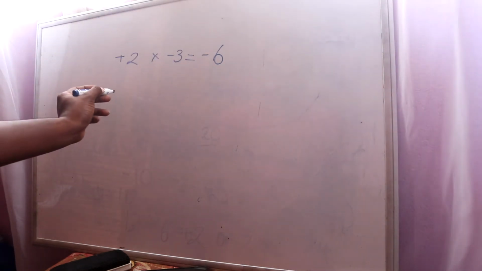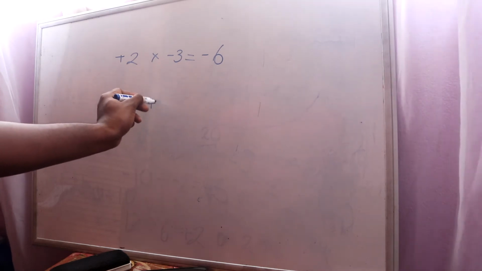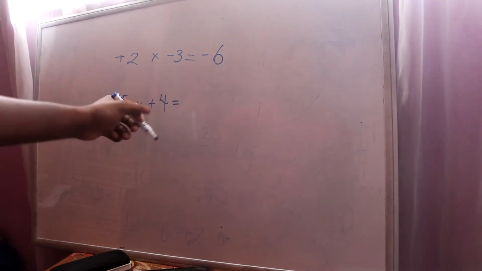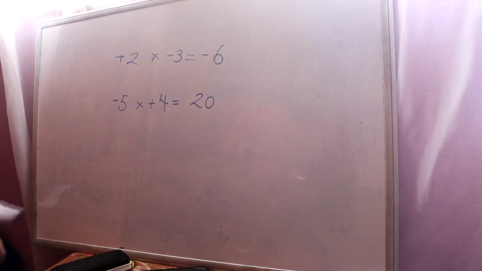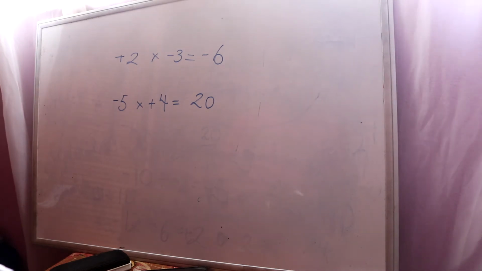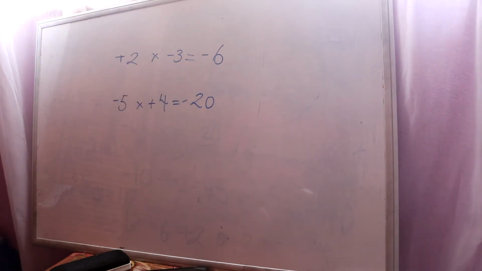And what if we have negative 5 multiplied by positive 4? We know that 5 by 4 is 20, but will it be positive 20 or negative 20? Well, it's going to be negative 20.